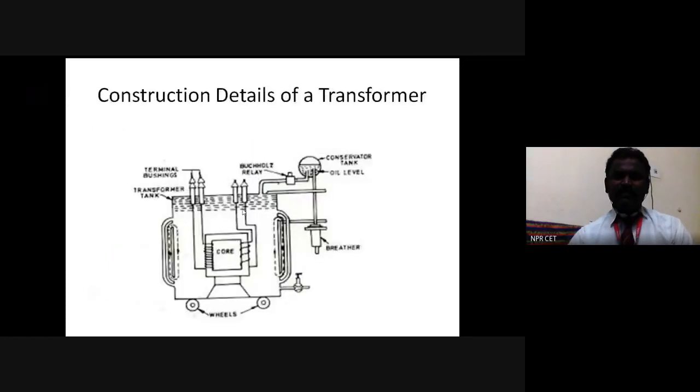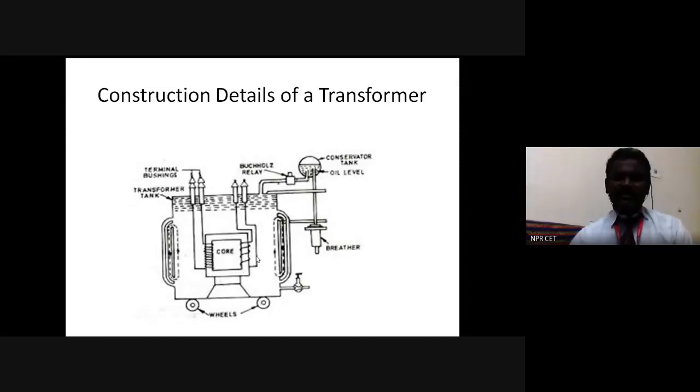So the primary winding connects to the input supply, and the secondary winding connects to the load, the output voltage, right?